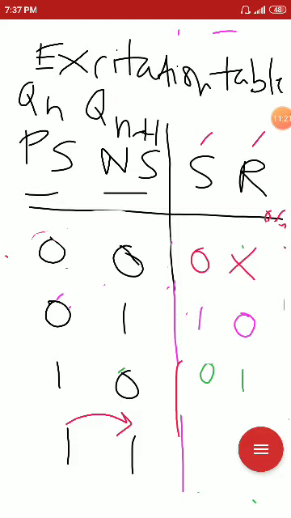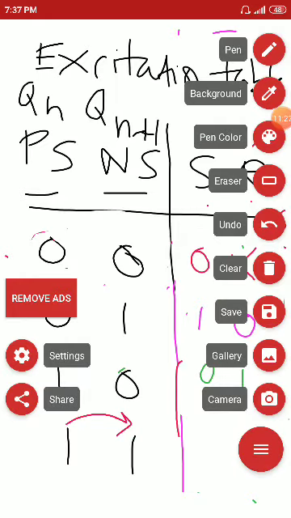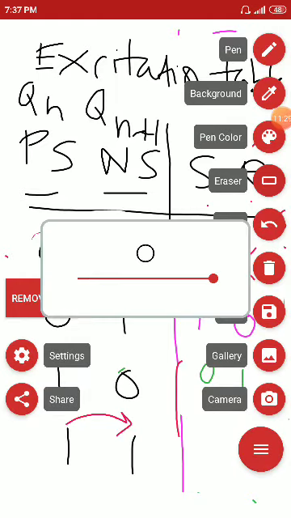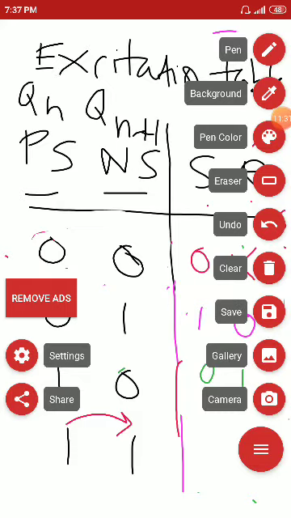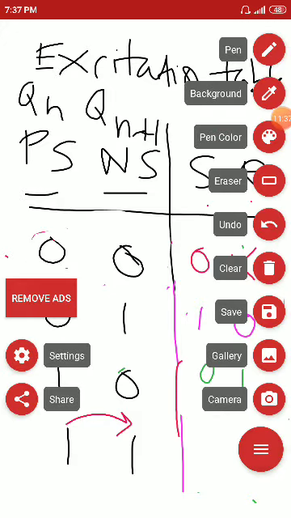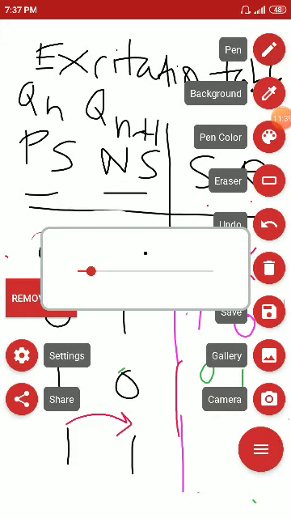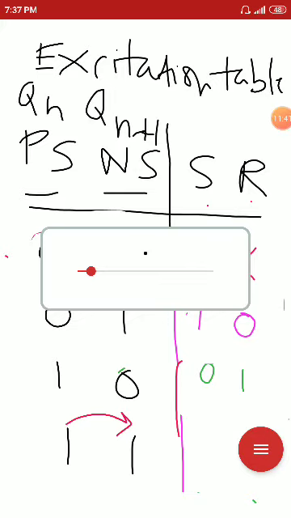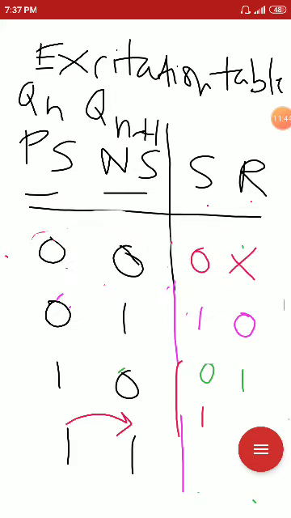For the next state to become 1, what should be the input of S and R? When S is equal to 1, that is possible. That is one case. When S is equal to 1 and R is equal to 0, we can get the output as 1.